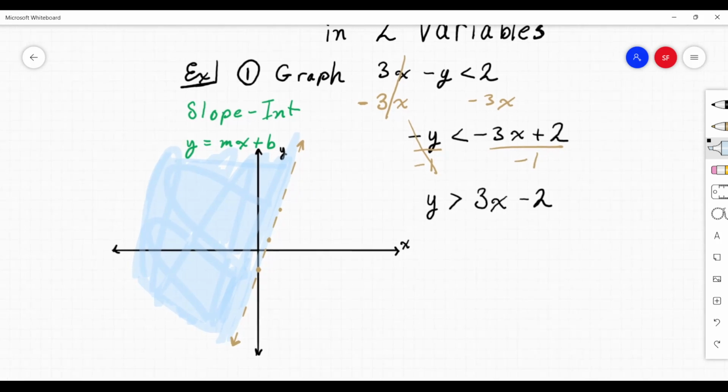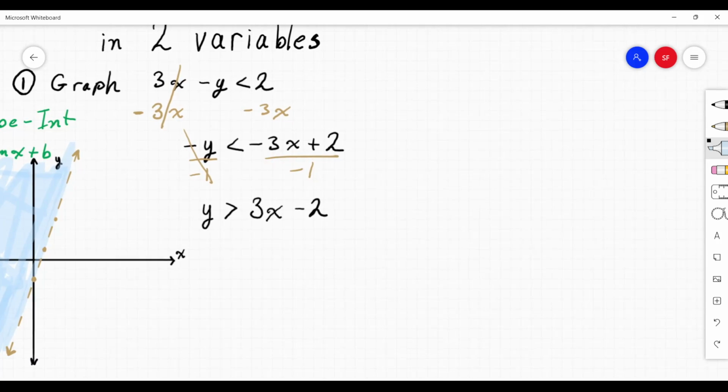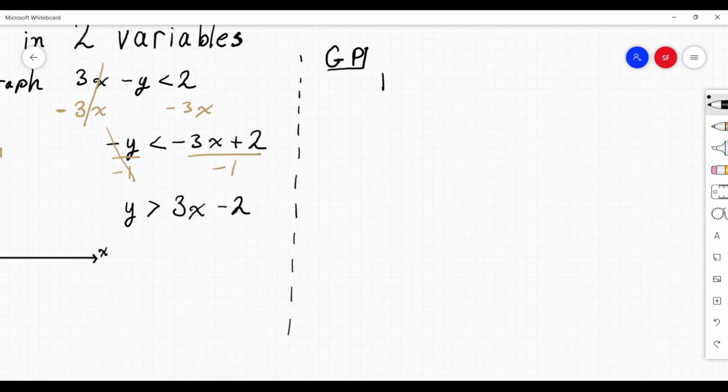Okay? Let's do another example, except this time I'm going to let y'all do it, and then we'll come back and compare notes. So we're going to do a couple of GPs, but we're going to do them one at a time. Guided practice 1. So we're going to graph y is greater than 1/2 x plus 3.